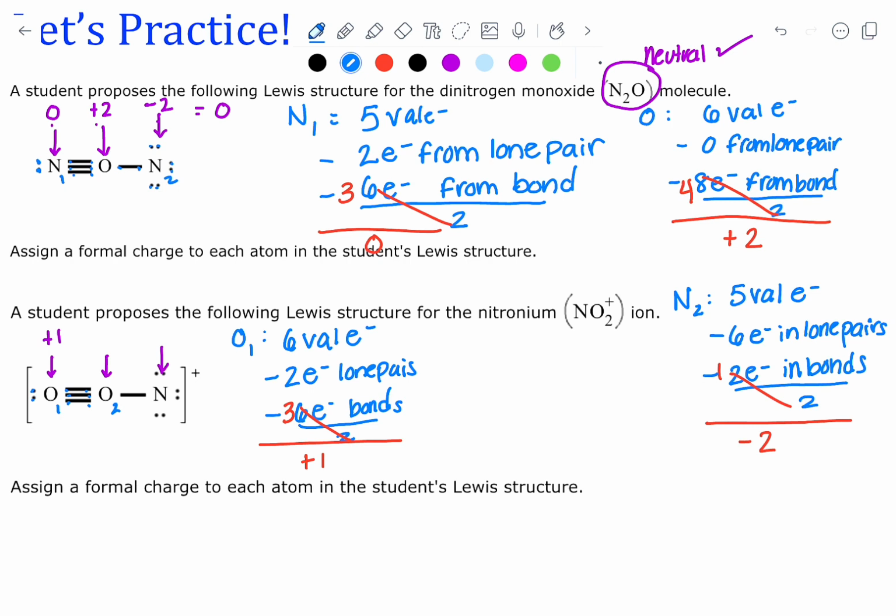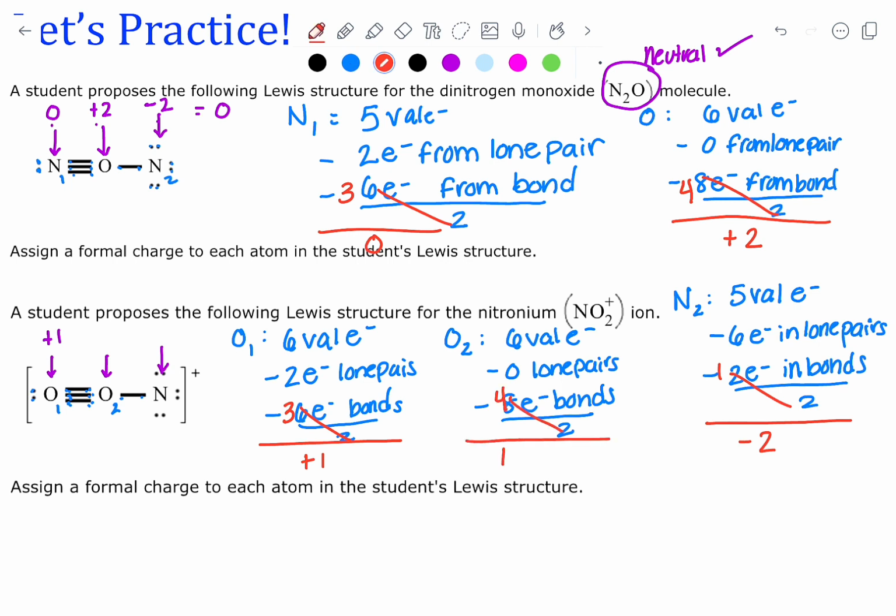Okay, for oxygen number 2, we have 6 valence electrons. It has no lone pairs, just like our previous example. And it has 1, 2, 3, 4, 5, 6, 7, 8 electrons in bonds, which we divide by 2 and simplify to 4.